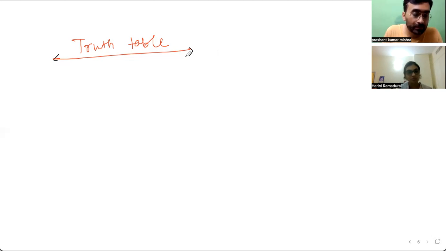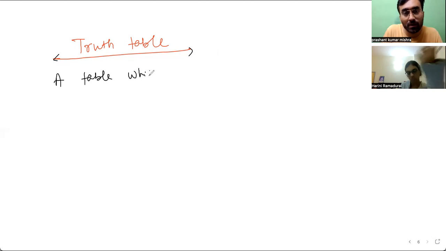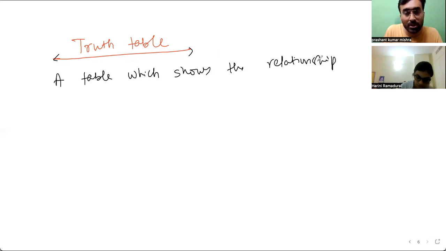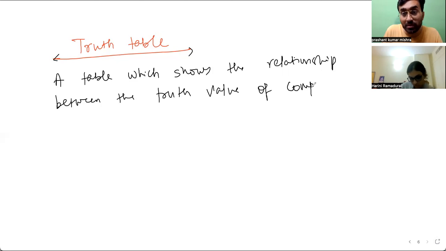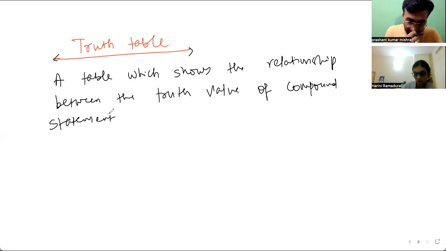Now, a truth table is a table which shows the relationship between the truth values of compound statements. I have a question.